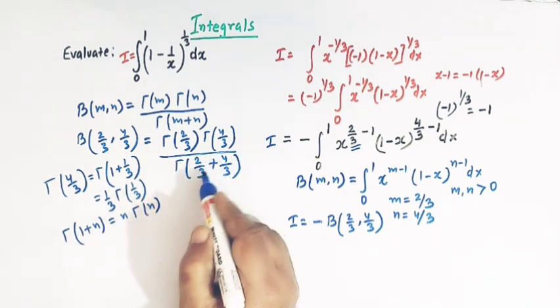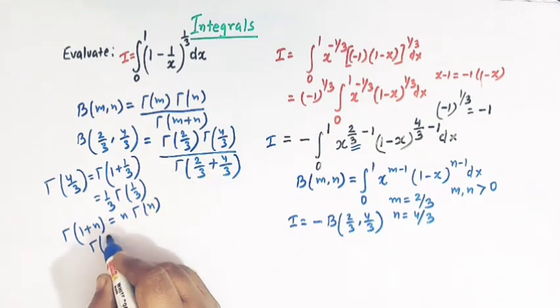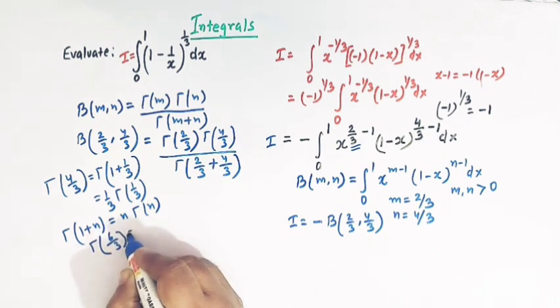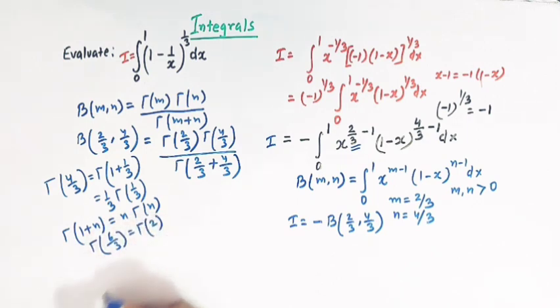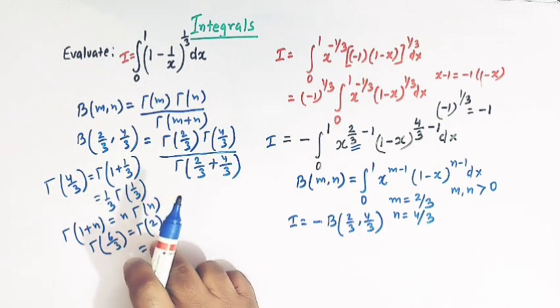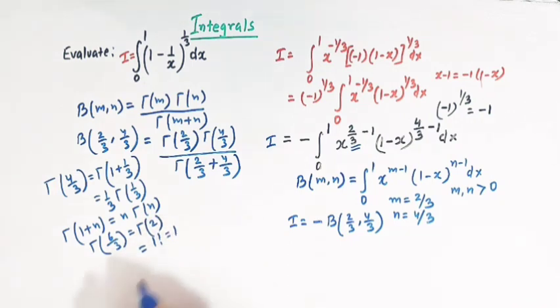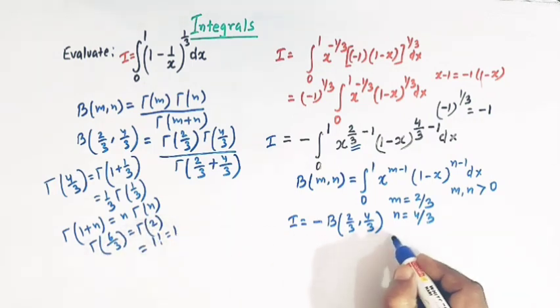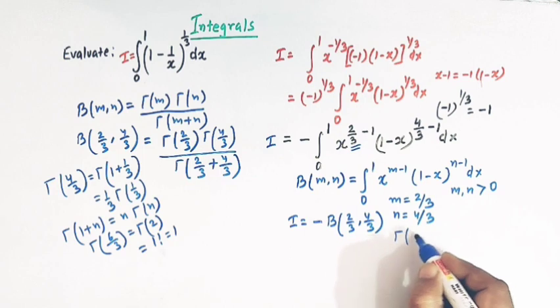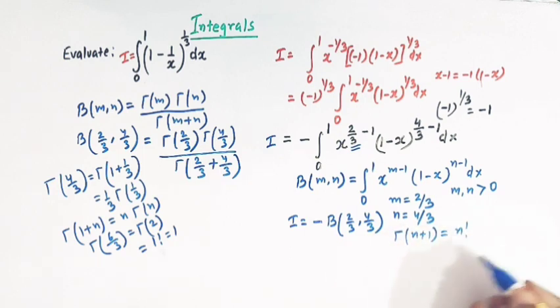And moreover here we have gamma of 2 by 3 plus 4 by 3, which is 2 plus 4, 6 over 3, that is gamma of 2. And gamma of 2 is equal to 1 factorial, and 1 factorial is equal to 1. So here we have used this result, that gamma of n plus 1 is given by n factorial.